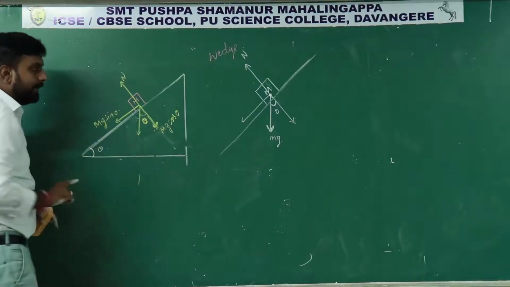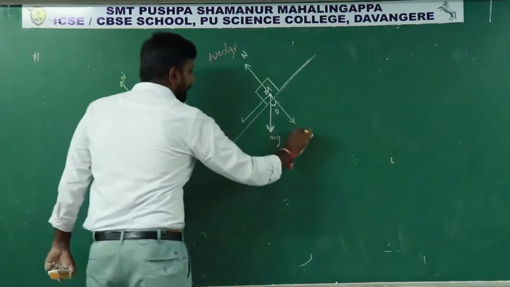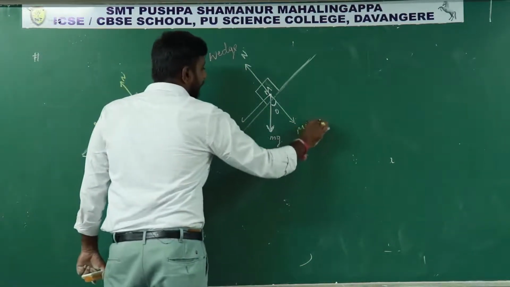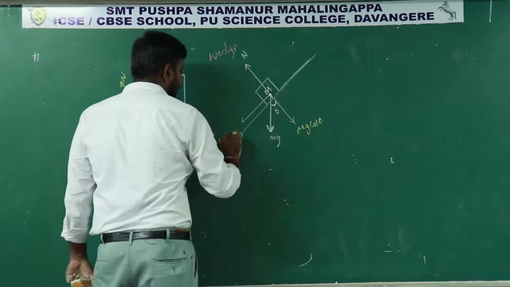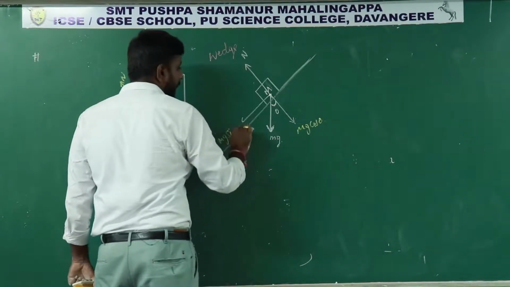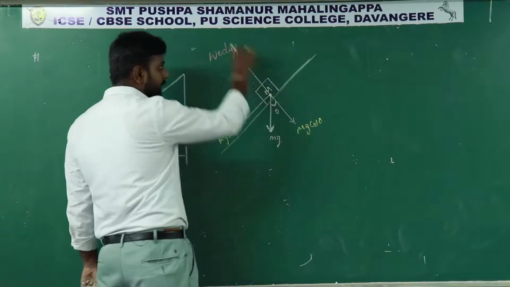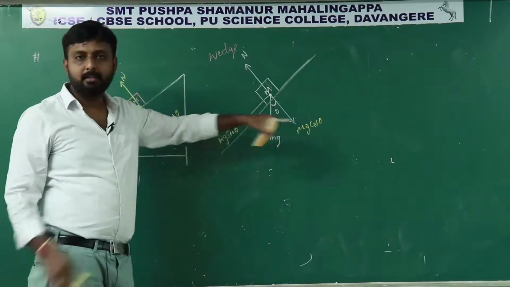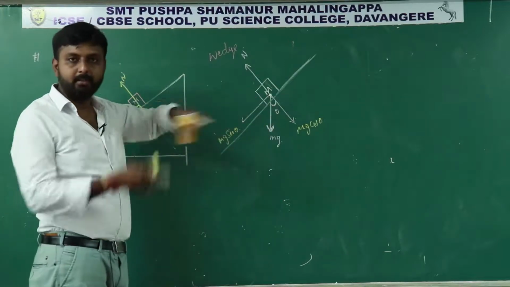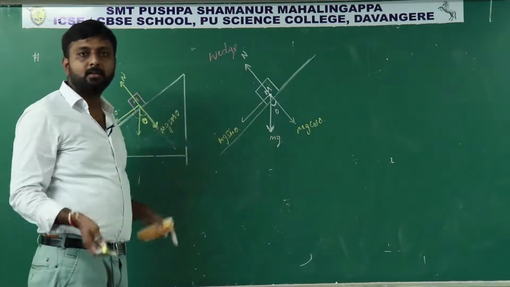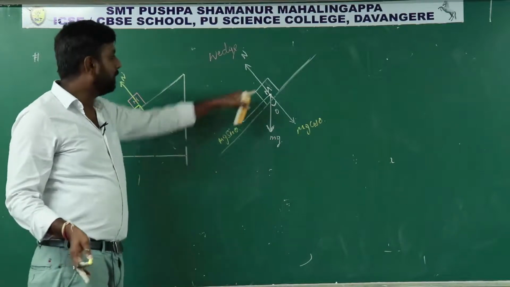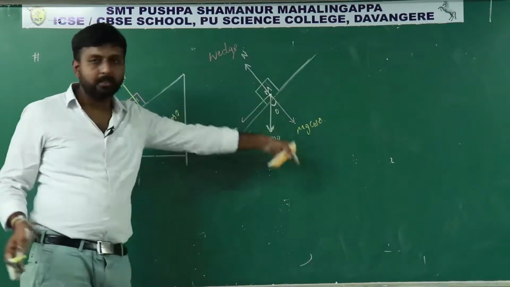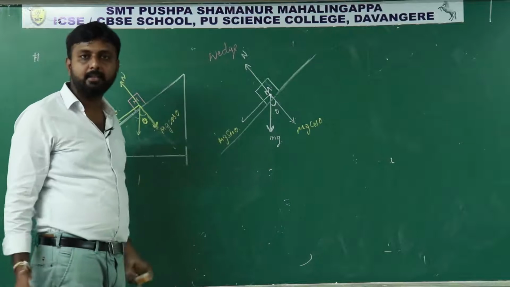Now observe carefully. This is mg cos theta and this is mg sin theta. Exactly opposite to mg cos theta, the normal reaction is there. Normal reaction and mg cos theta acting on a single body will cancel each other. They balance, so the body will not move in this direction, right?